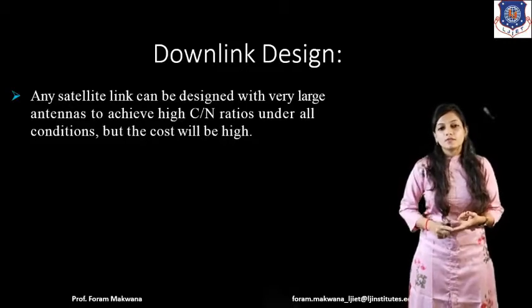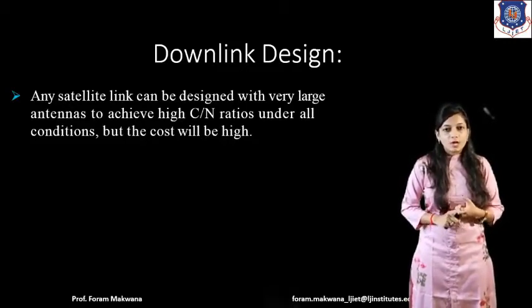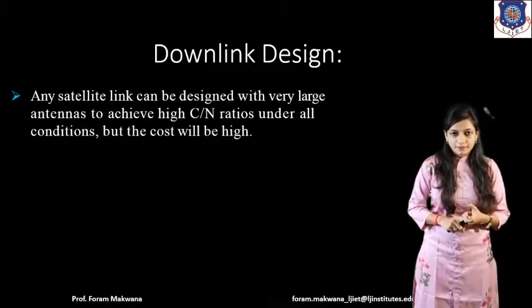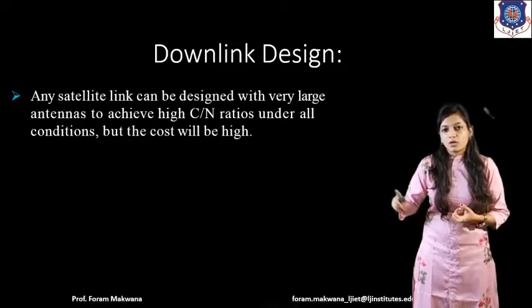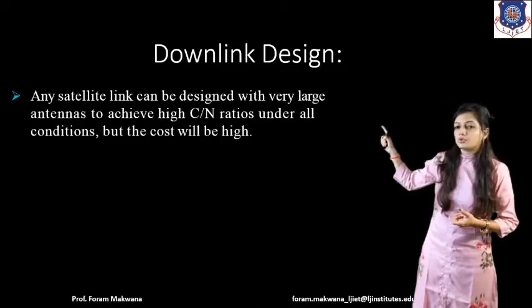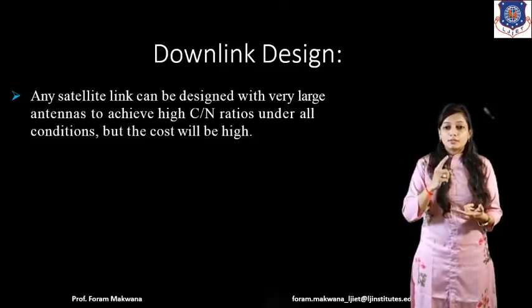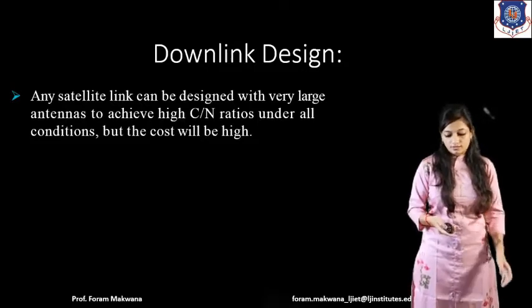Okay. First we are focusing on the downlink design. In the downlink design, what are the different parameters that we are going to consider? The first objective is to achieve a higher carrier to noise ratio under all conditions, in terms of loss and in terms of cost as well, right?